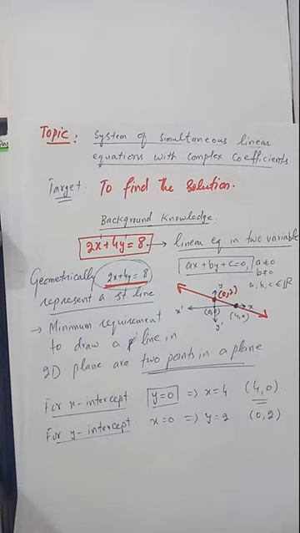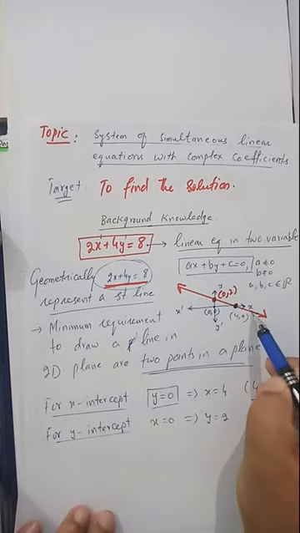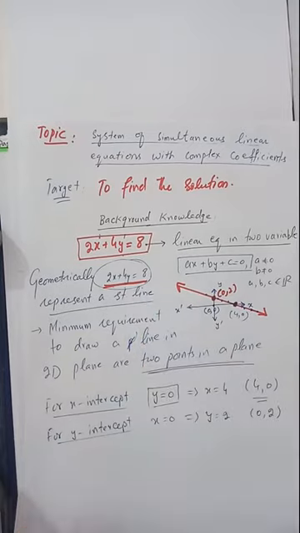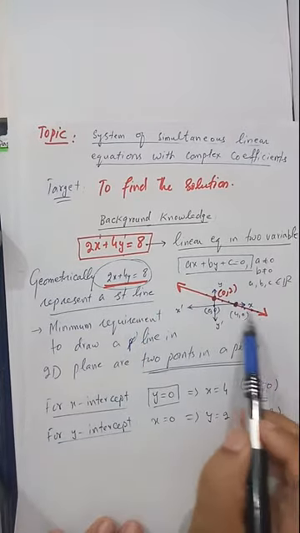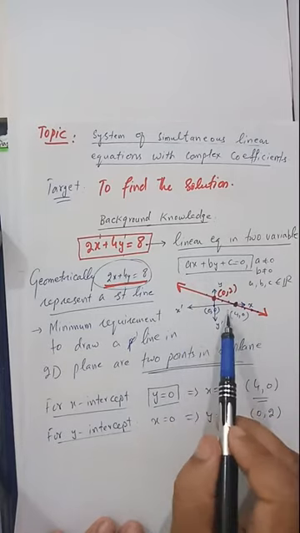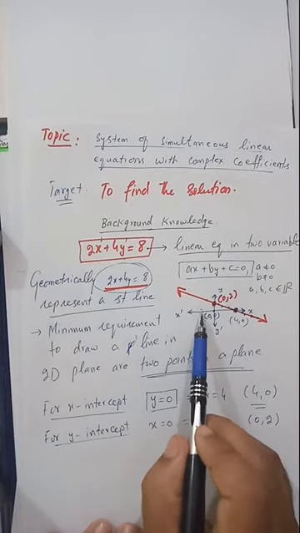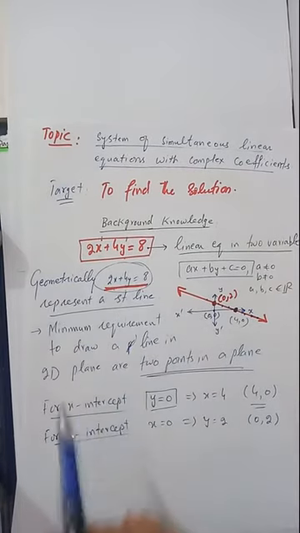It means that any point lying on the graph of the equation is actually a solution for that equation. So from here we can say that all the points which make this line, all the points that lie on this line, are solutions of this equation.